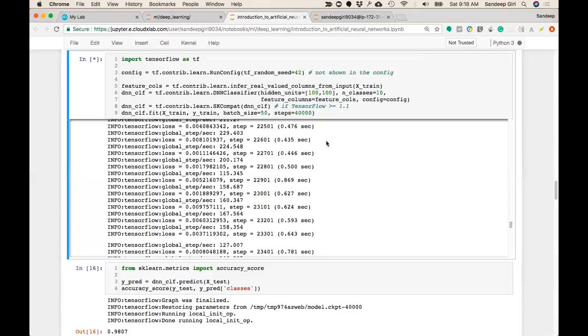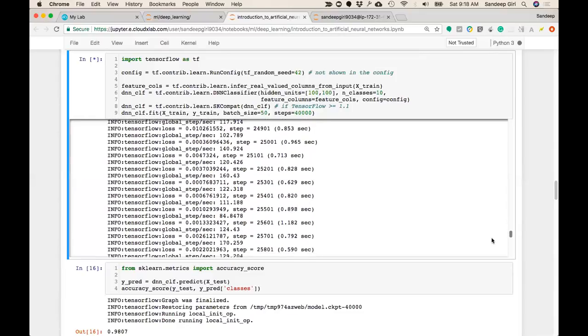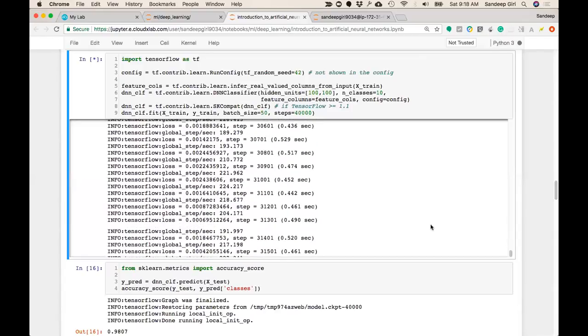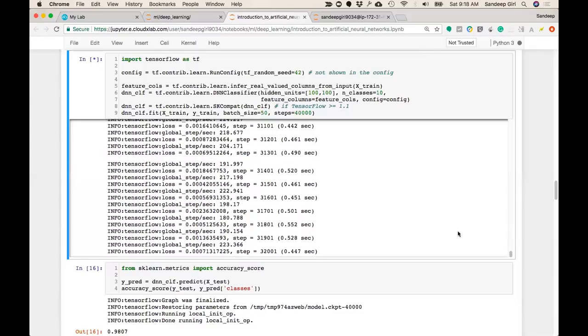Wow, most of us are on E. No wonder. Okay, we are about to finish.